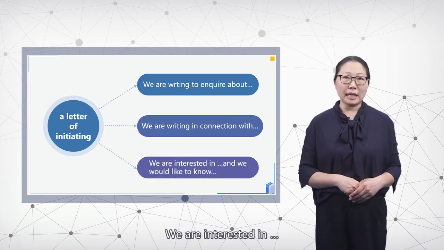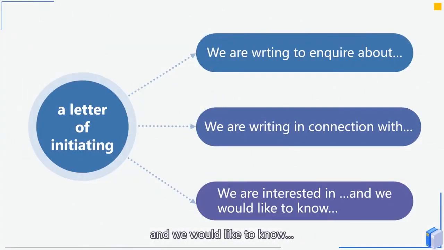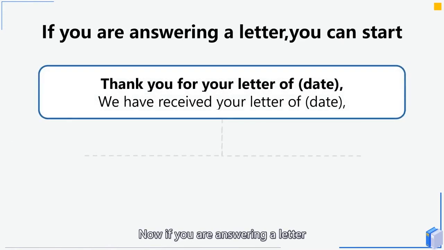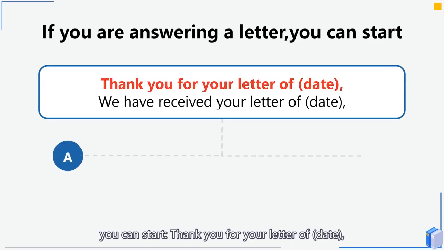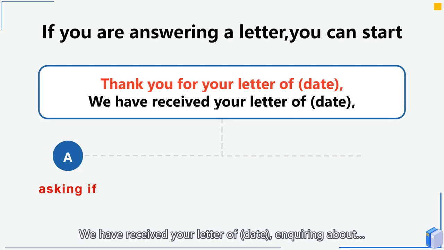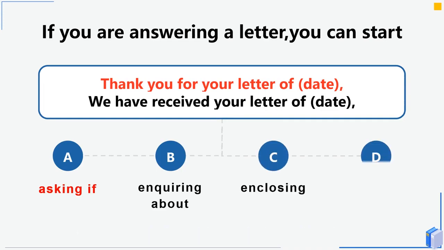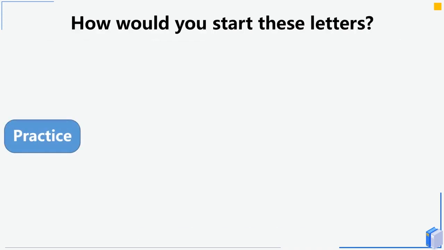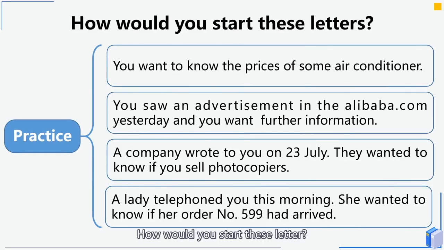We are interested in, and we would like to know. Now, if you are answering a letter, you can start: Thank you for your letter of asking if. We have received your letter of inquiring about. How would you start this letter?